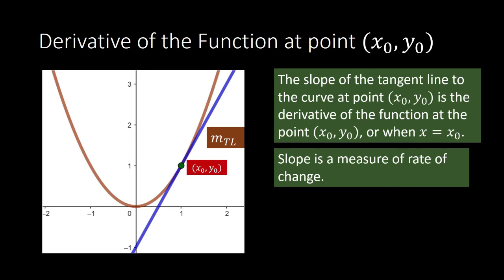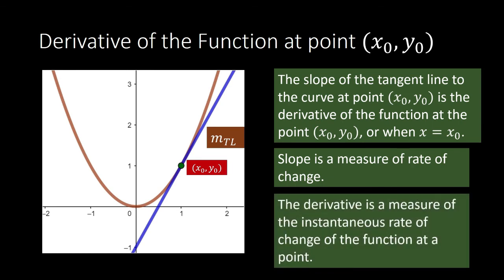It requires you to get the difference between two values of y, y sub 2 minus y sub 1. And then for delta x, you need two points to produce x sub 2 minus x sub 1. But we don't have that here. We only have 1 point. And so the derivative is not just a measure of the rate of change. It is a measure of the instantaneous rate of change of the function at a point.